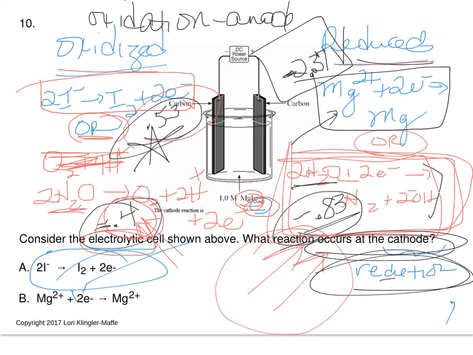So which one of these is going to be reduced? And again, it's the one that is most favorable, most positive, or in this case, least negative. Reducing magnesium takes a lot of energy, so definitely water is going to get reduced in this one.